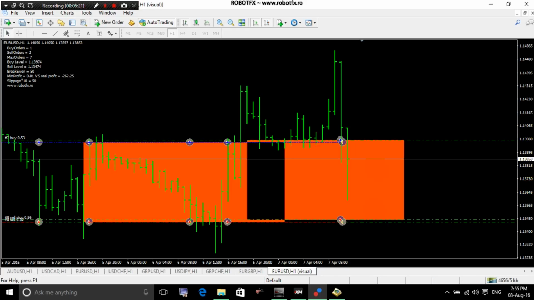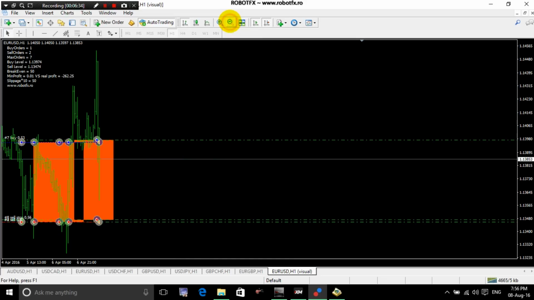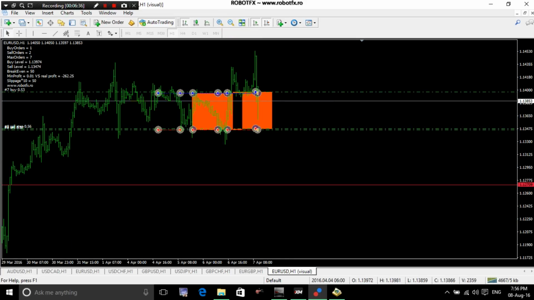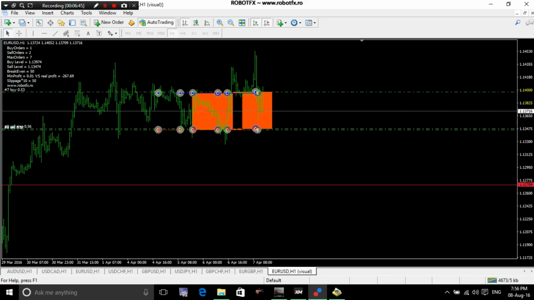It shouldn't cause any money losses, except maybe for cents. But anyway, we should know about it. Now, these are the latest changes, the differences between version 2.4 of this expert advisor and 2.5. And of course, then it will continue to trade as normal.